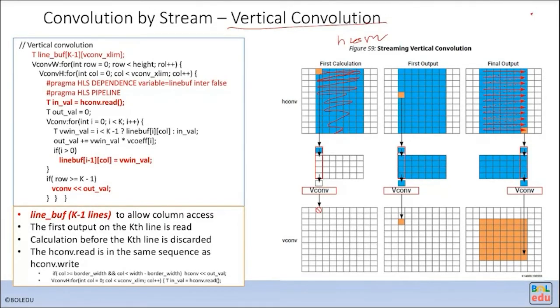So when you try to read the data from the stream FIFO, you have to follow exactly the same order. However, look at here. For the vertical convolution, you actually access data in this way.